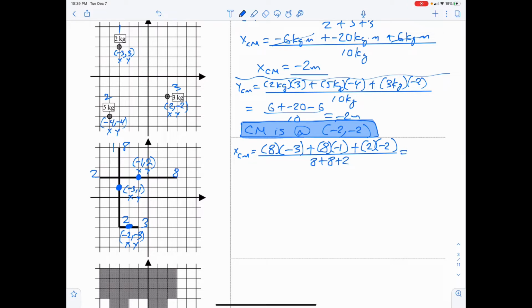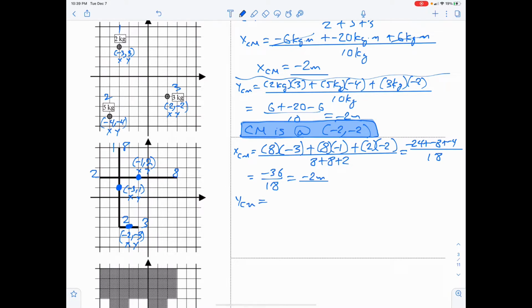Now all that adds up to negative 24 plus negative 8 plus negative 4, and all that is over 18 mass units. So add up all those, you get negative 36 over 18, which is negative 2. So the position is at negative 2.